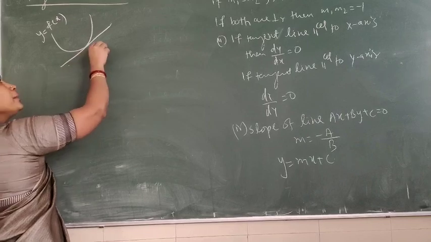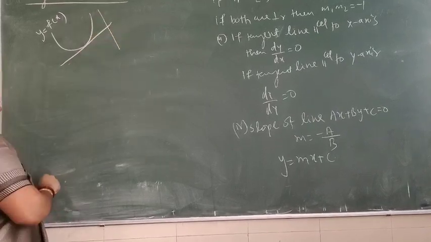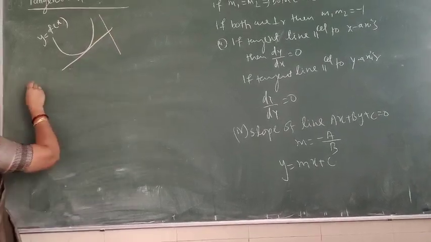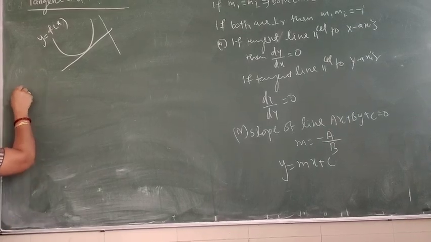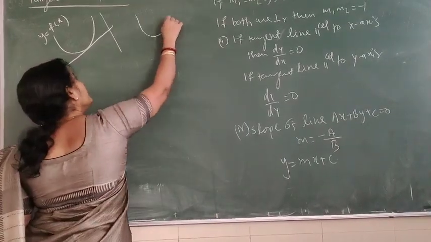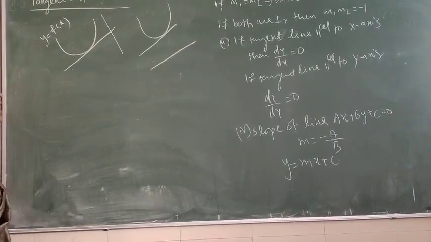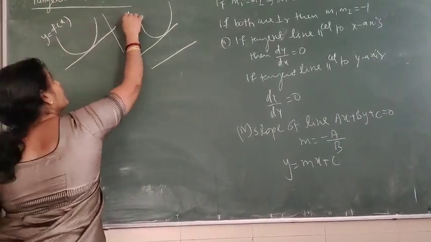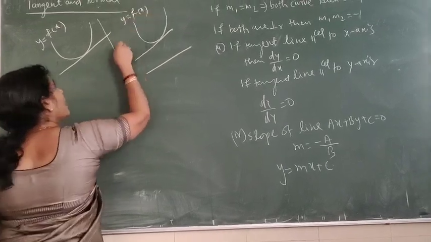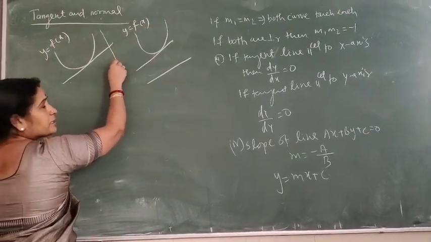If the tangent line is perpendicular to one line given, or parallel to another line, in both cases what steps do we follow? This y equal to f(x) is the given curve, and a line is given to you.